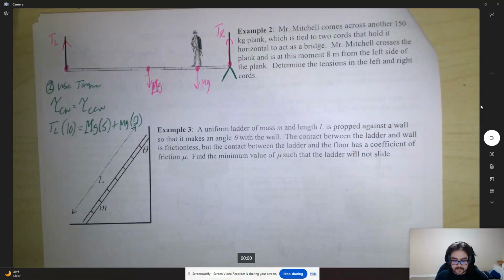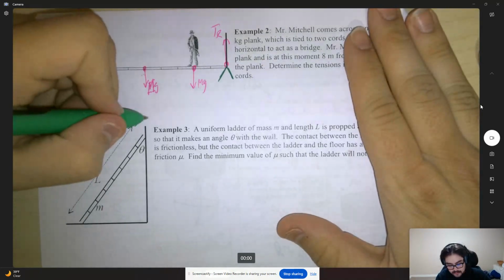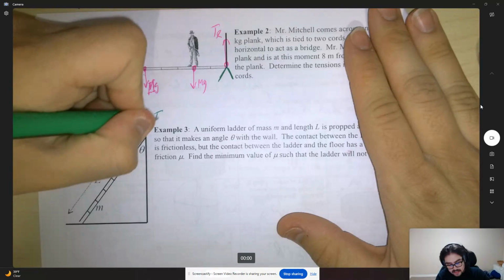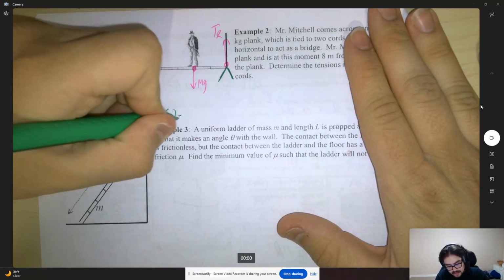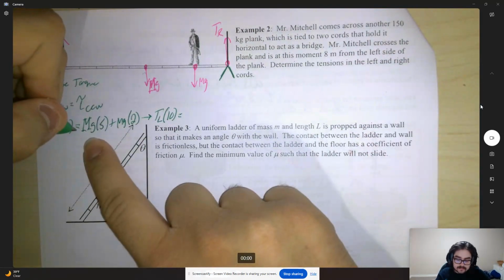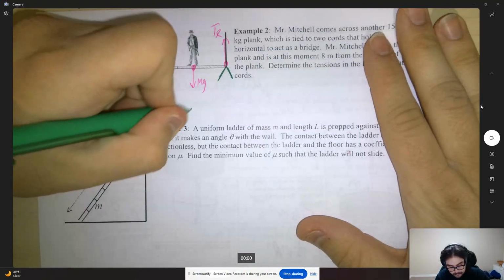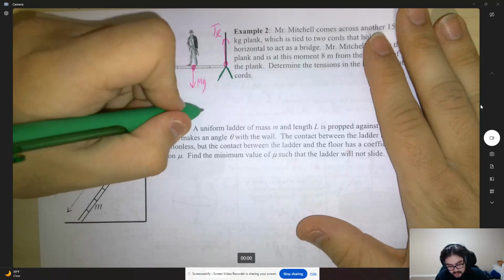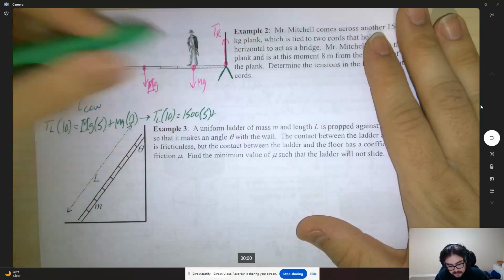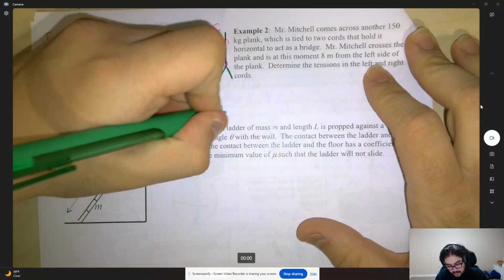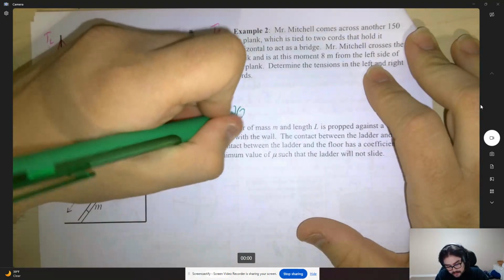Then if I plug in all my numbers here, I can figure out the tension in the left cord. This is going to be TL times 10 is equal to 1,500 times 5 plus 100 times 10, which is 1,000, times 2.